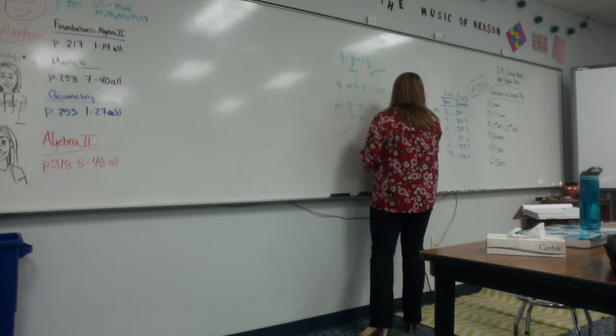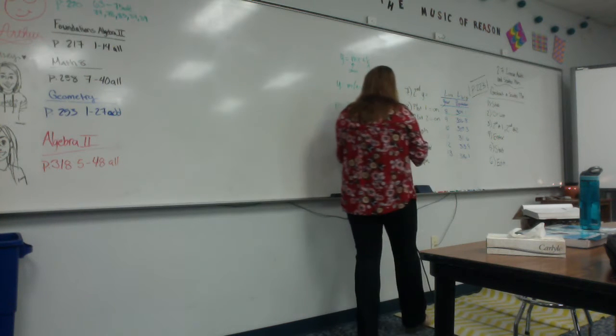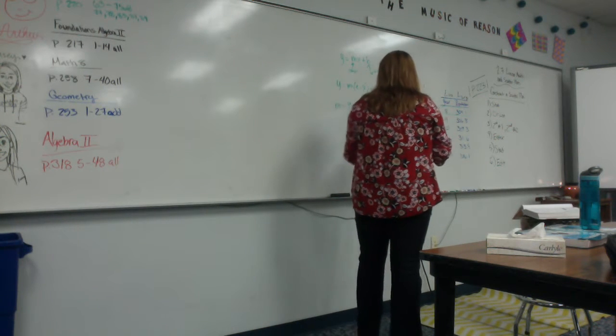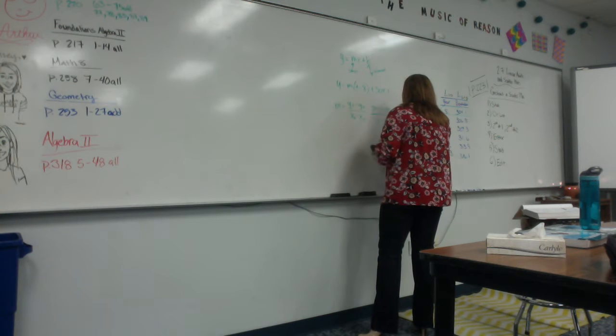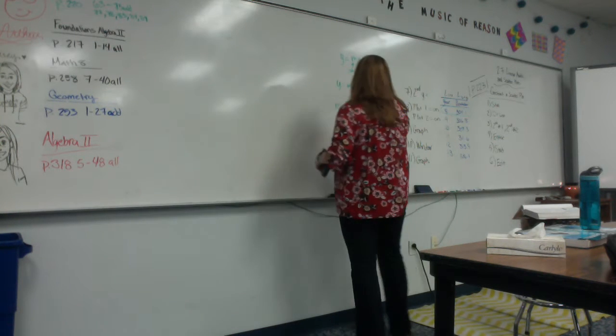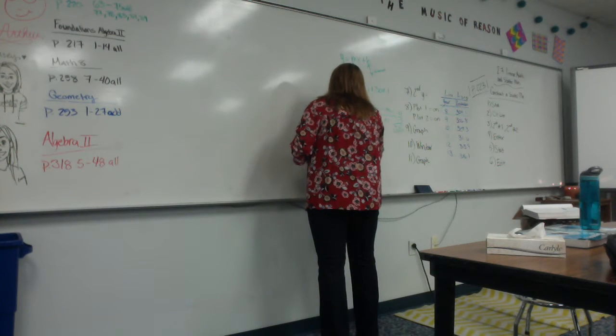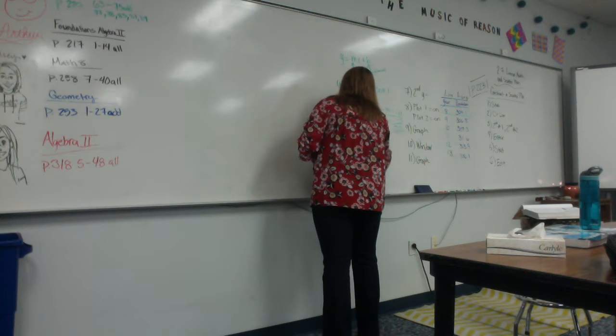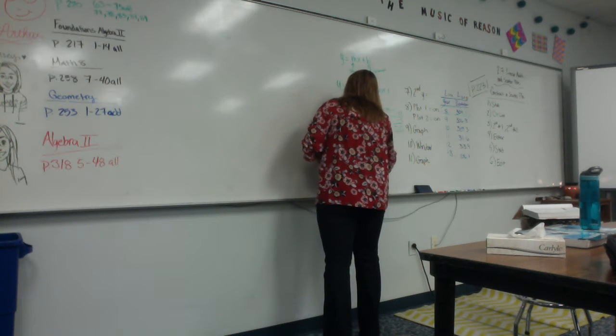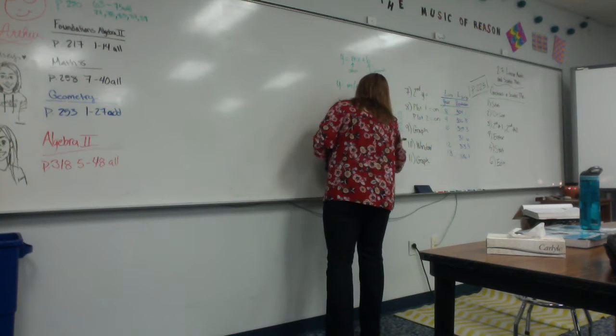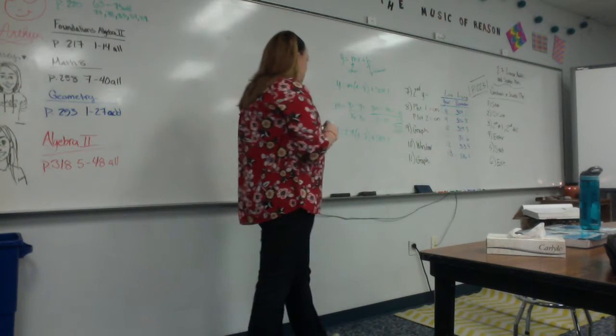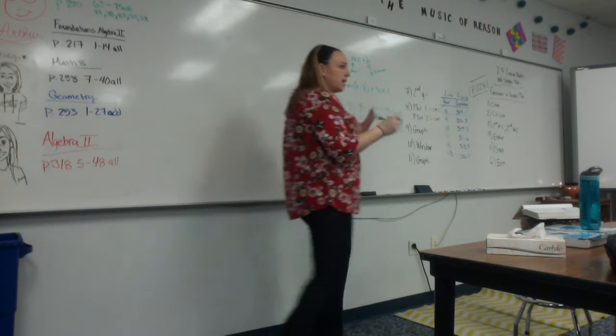So you get 12/5. Okay? And 12/5 in decimal form is 2.4. So that's my slope. So I'm going to plug that into my equation. y equals 2.4 times t minus 8 plus 304.1. Okay? Now I distribute so that I can get my equation.